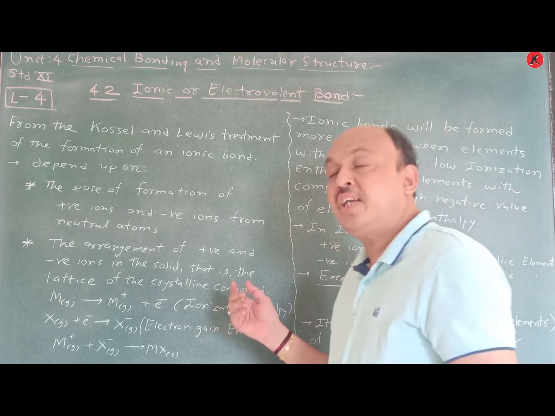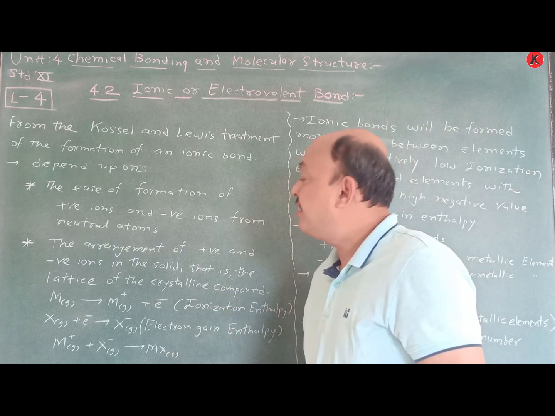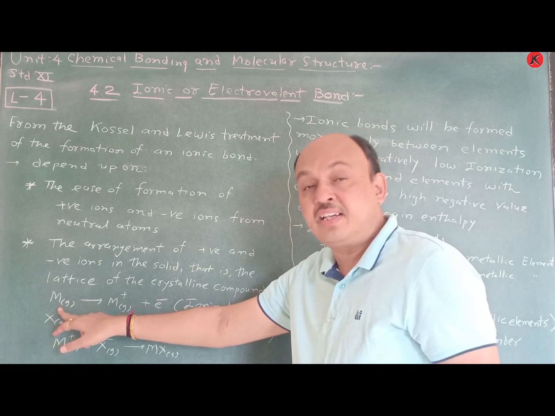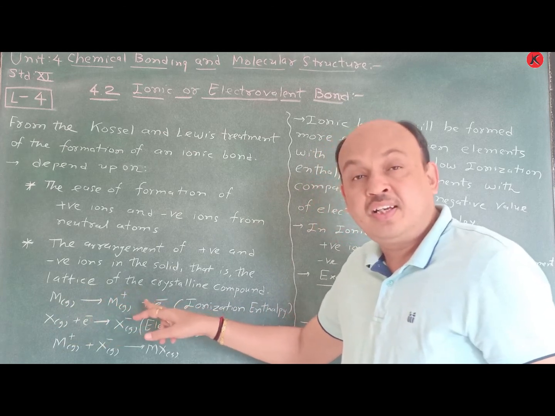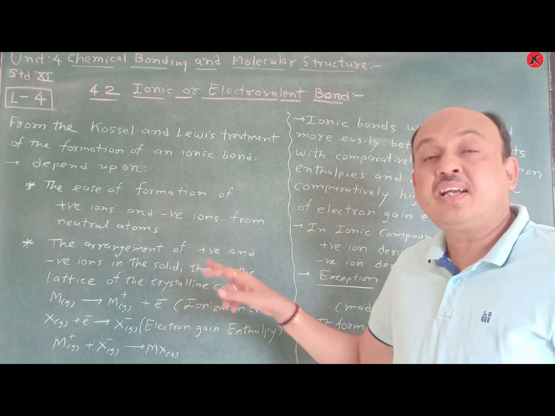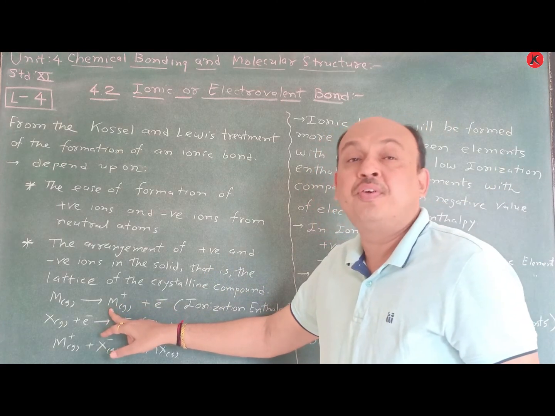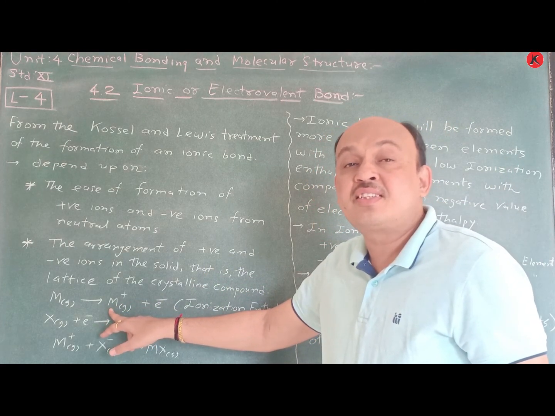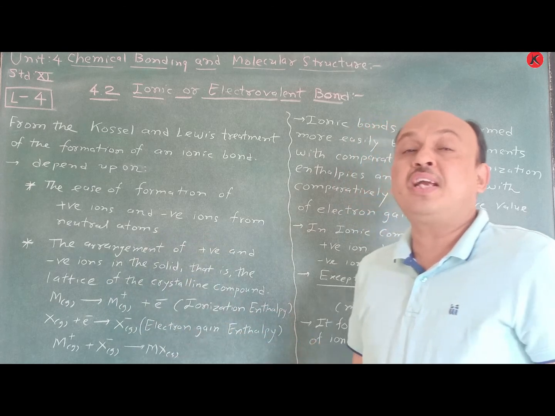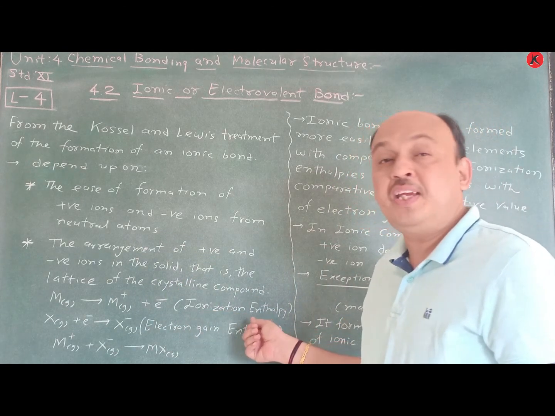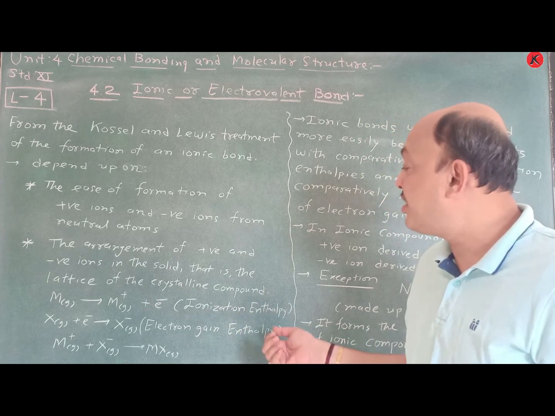That means from a neutral gaseous atom, when we release an electron, it is converted into M plus in gaseous form. Whatever energy is required is considered as ionization enthalpy or ionization energy. You already learned this one.